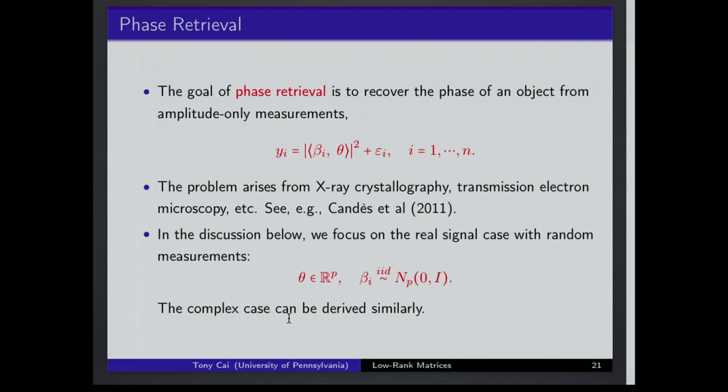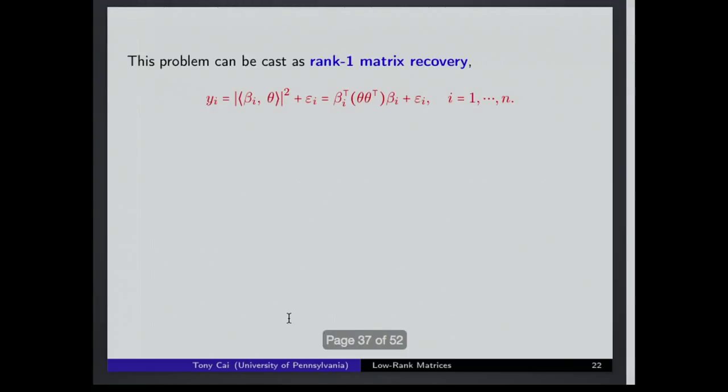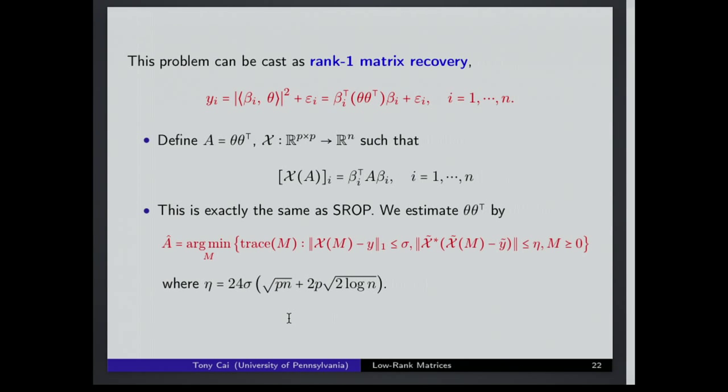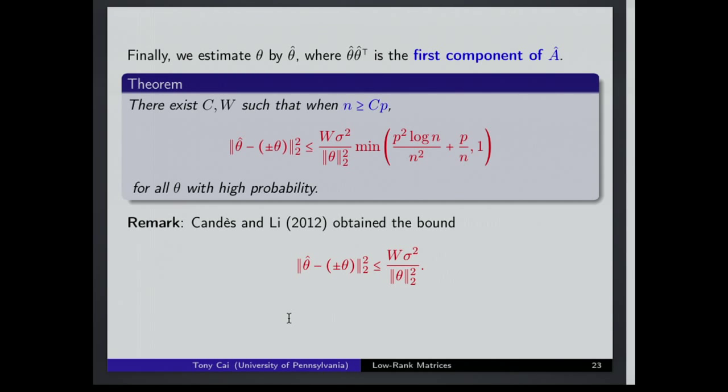If you measure the signal with Gaussian measurements, so if beta is IID Gaussian, then you can apply exactly the same method by using a small trick. You rewrite the inner product squared in matrix form, then the problem is equivalent to recovering a rank 1 matrix. Then you apply the method and you get a bound. Basically you get this sort of bound for free.